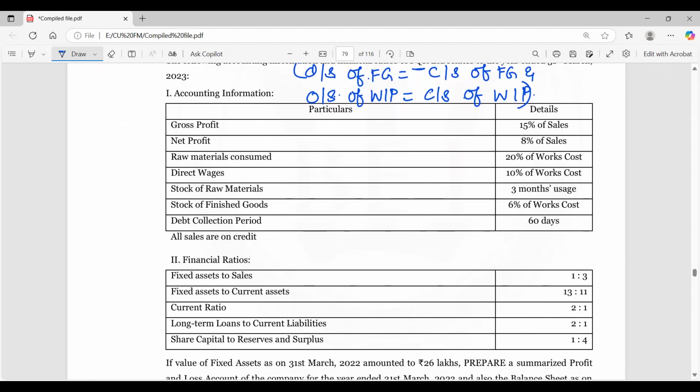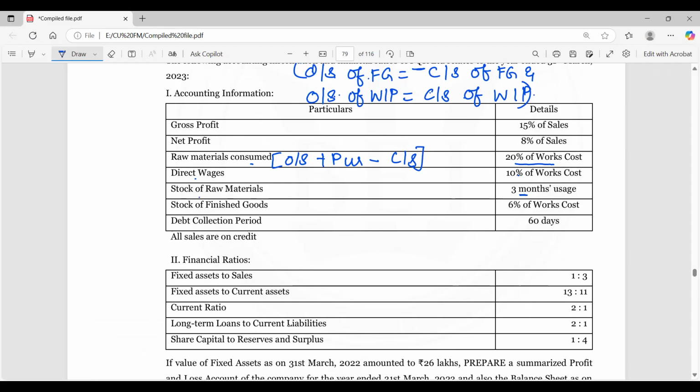So in this question, gross profit is 15% of sales, net profit is 8% of sales. Raw material consumed is 20% of works cost. First, what is the formula for calculating raw material consumed? Opening stock of raw material plus purchases minus closing stock of raw material. Then direct wages is 10% of works cost.